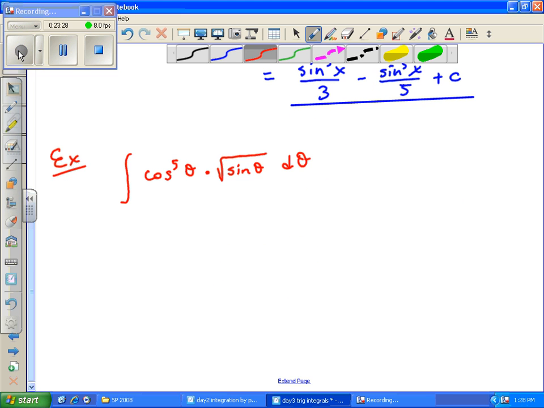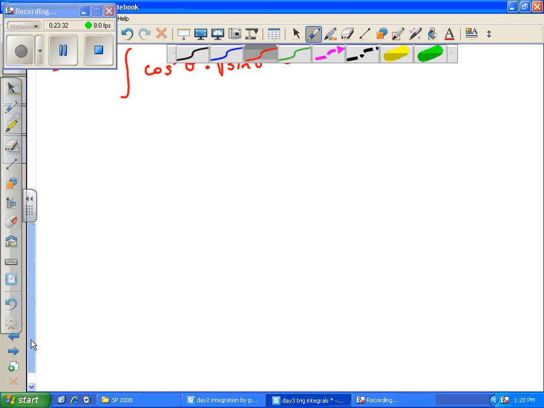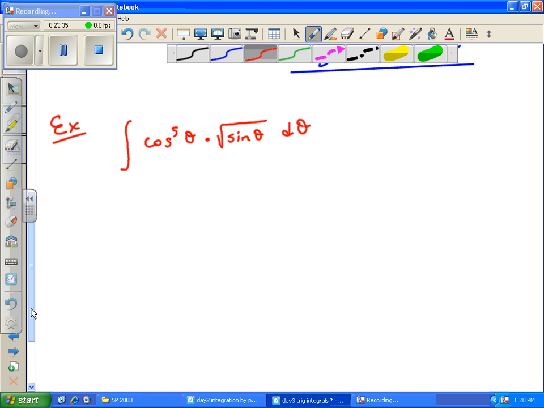Okay, let's take a look at the solution together on the board. Because of the odd power of cosine, and because the sine is trapped under the square root sign, I'm going to reserve a cosine theta d theta for my du. So I'm going to split cosine to the 5 as cosine to the 4, and the other cosine I place at the end.